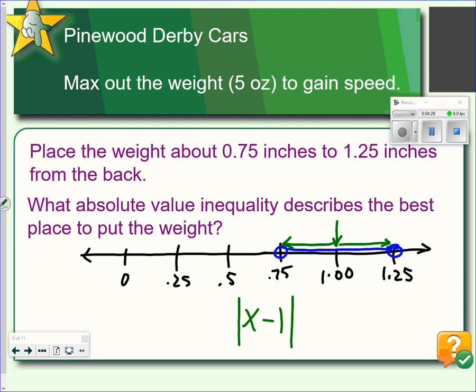So we want that distance to be 0.25 from 1. So 0.25 will go here. And then because we're shading between the two endpoints, that means this is a less than, or it's not really specific here. It says about, so we could go equal or not equal. Let's just say less than 0.25. And that's the absolute value inequality that represents this situation.